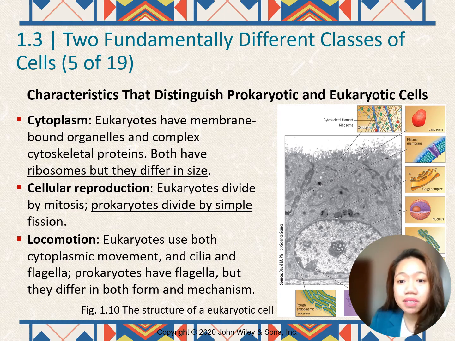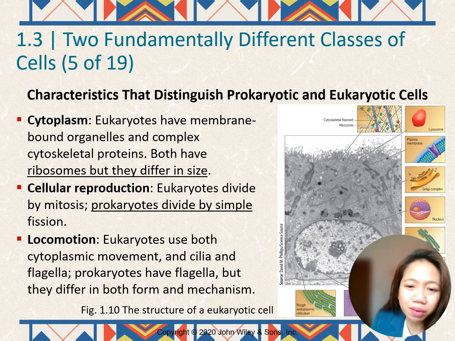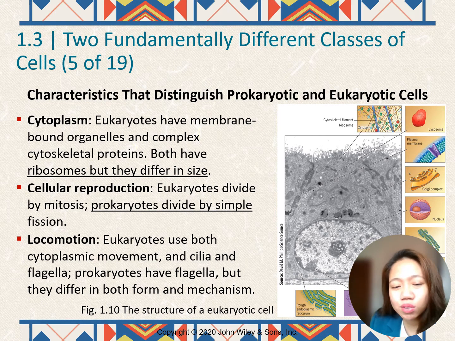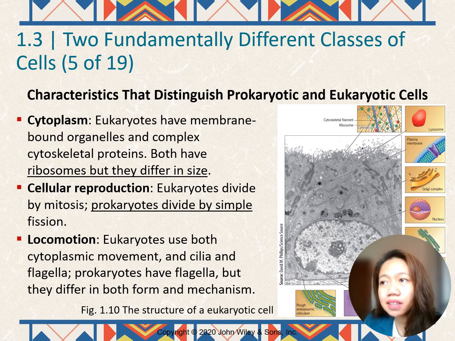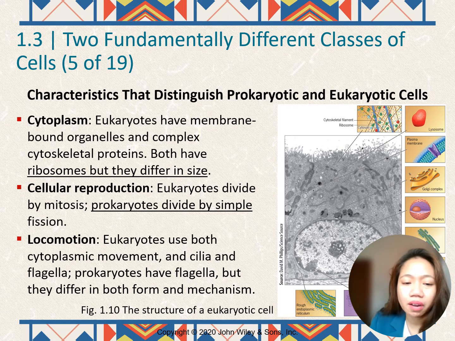If you're not familiar with the term, fission simply means divide. So you have one bacterial cell, it divides into two, that's it. The resulting daughter cells are completely identical to the parent. So not much going on there.